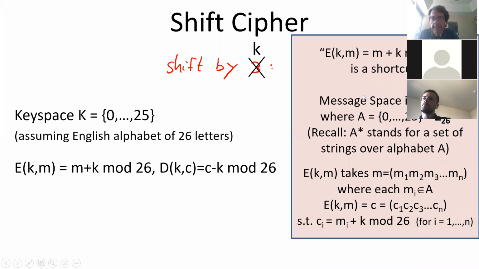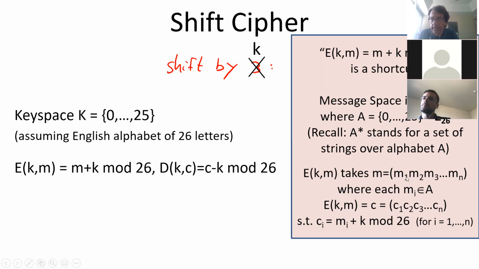And what this really stands for is a shortcut, right? Because K is an integer mod 26, but M is not. M is a string over integers, each of which is a member of Z26. That is the notation for modular arithmetic: Z_n is the integers between 0 and n-1.